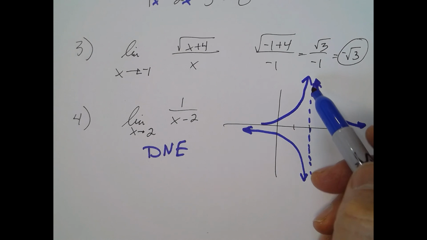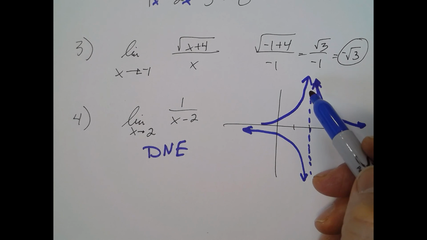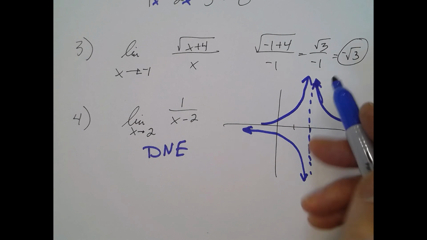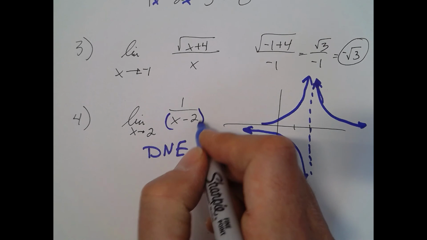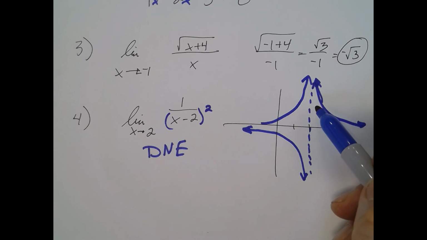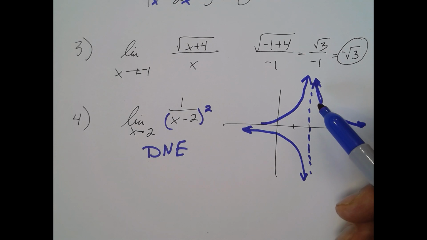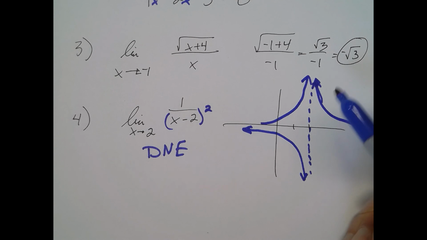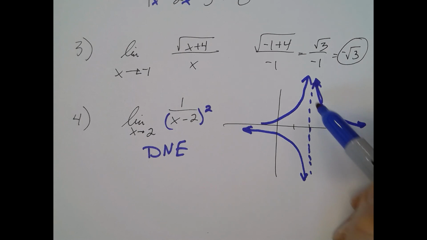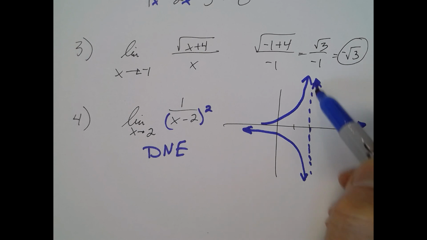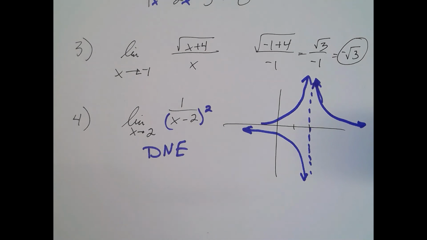Technically, the limit would not exist here either. Like if it was that, I think that's what that graph would look like. You're right, does not exist. A better answer probably is that the limit is infinity. So from the left and the right, it goes to infinity here. But technically, a limit has to be a finite number.